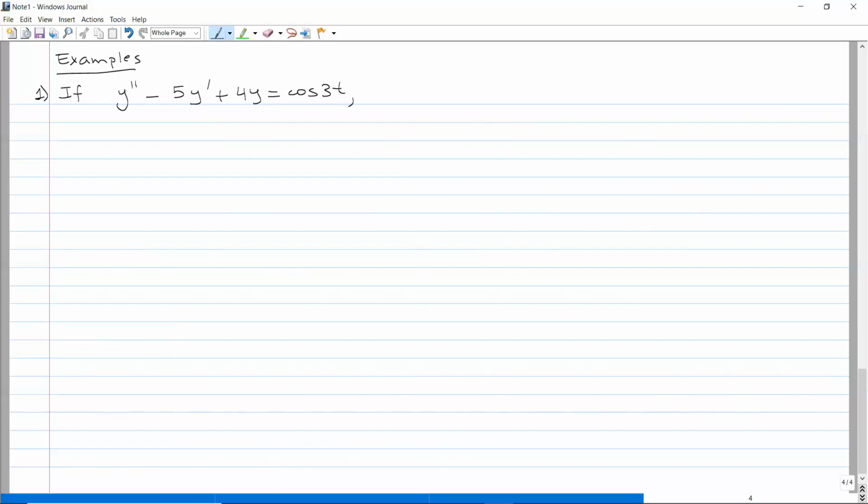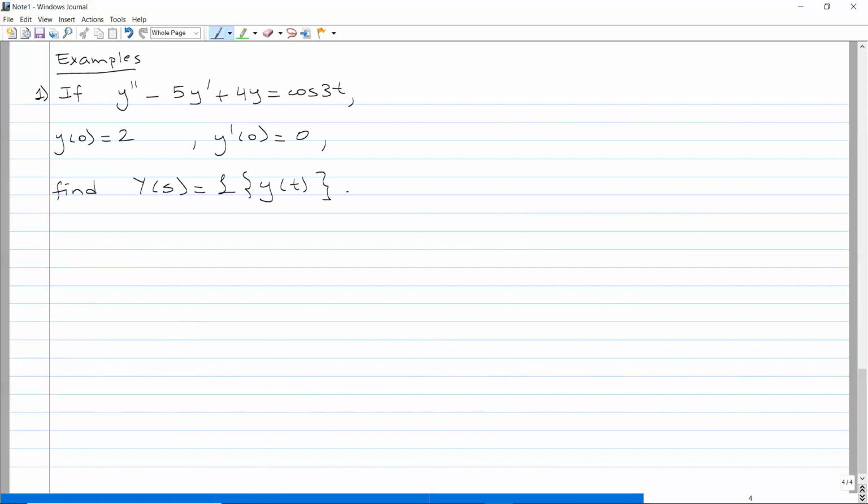So the highest order of the derivative of y is 2, second derivative. So I need y of 0 and y prime of 0. And let's say y of 0 is 2 and y prime of 0 is 0. Under these conditions, let's find the Laplace transform of the function y. I don't know what the function y of t is.